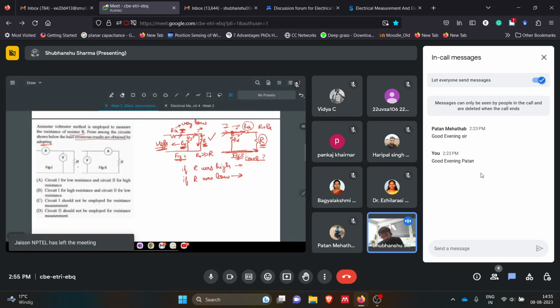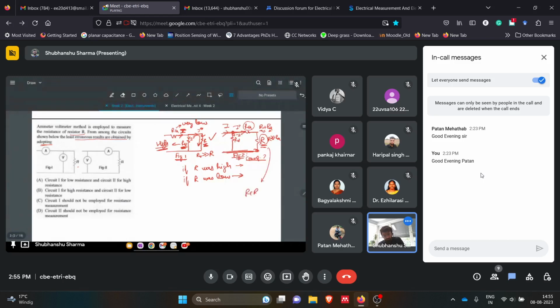RA is very low in comparison to R, so R plus RA will be approximately equivalent to R. So RA will have very little effect on this whole branch.